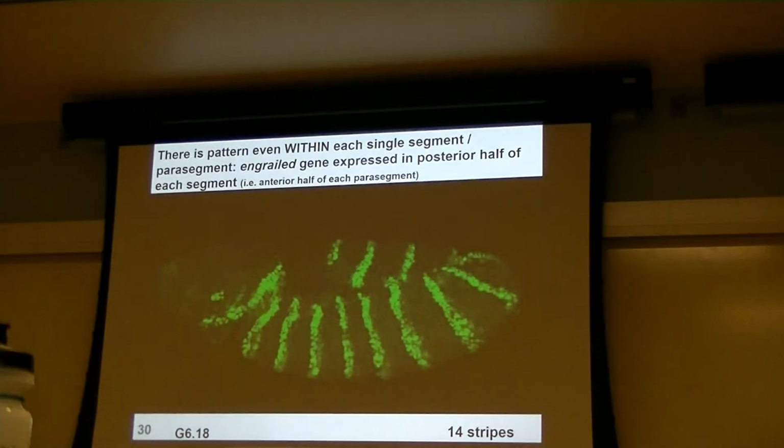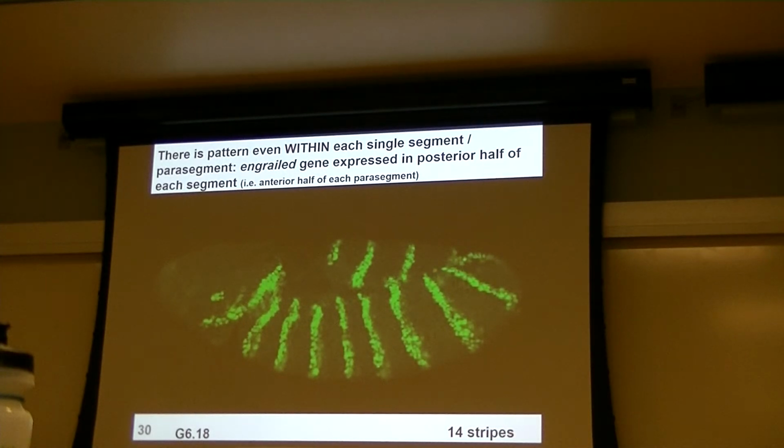And if you would look by in situ hybridization or immunohistochemistry at some of these segment polarity genes, again you get a striping pattern, but this time we're going to get 14 stripes instead of 7 stripes. And those stripes are going to be narrower than the pair-rule stripes. So they may only be 1 or 2 cells wide.